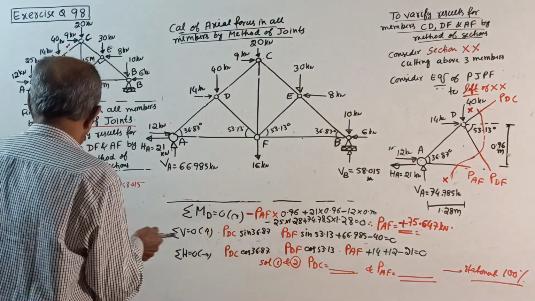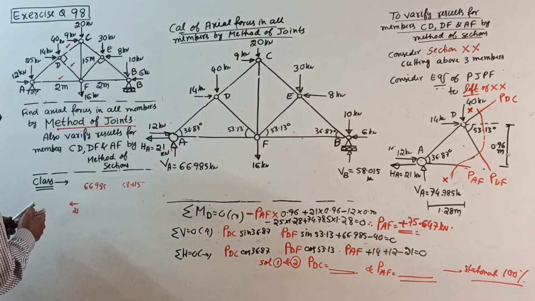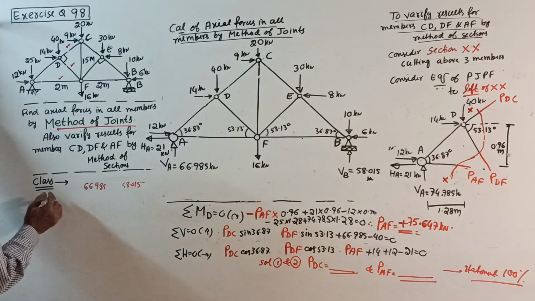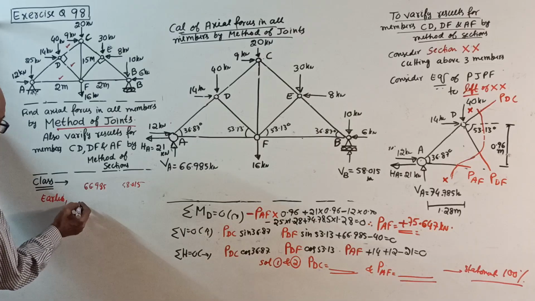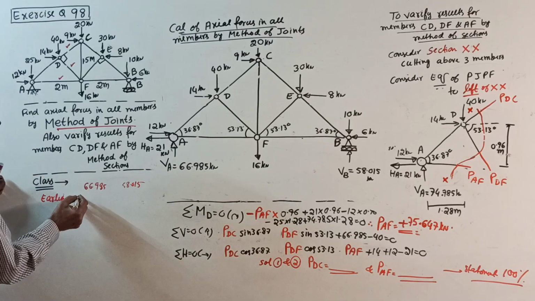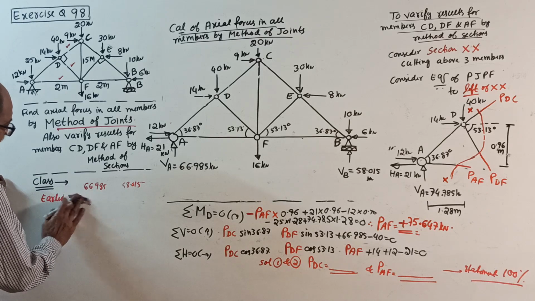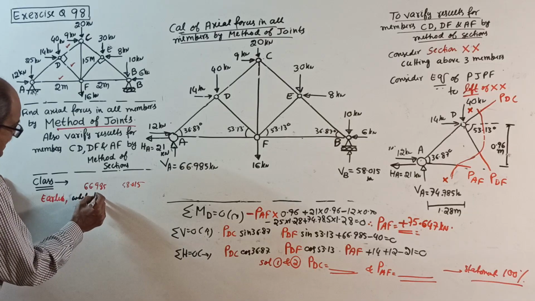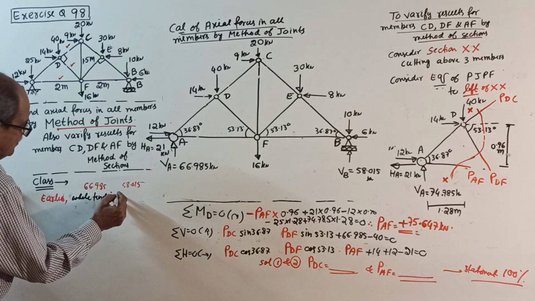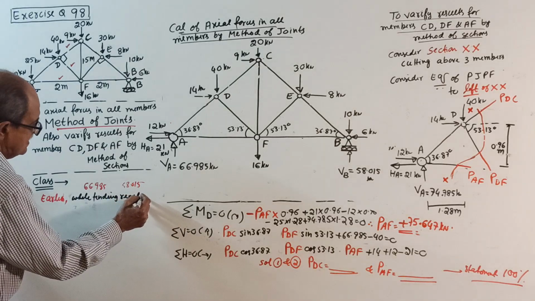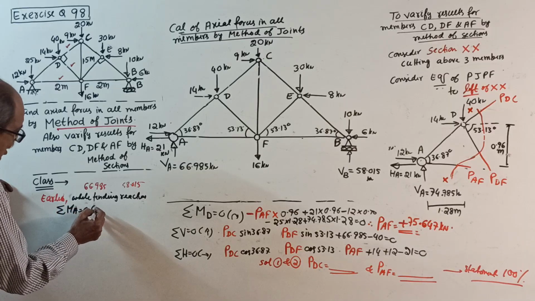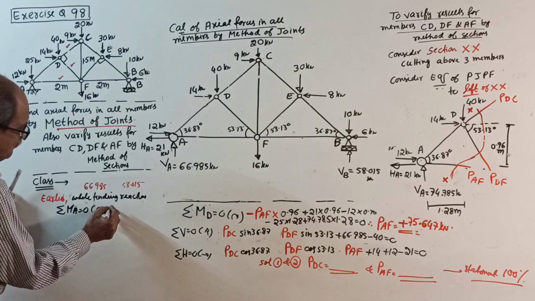When I found it, make a note here. A little earlier, I took moment about A. While finding reactions, I took sigma M about A equal to 0 with clockwise positive. I got the value of VB.